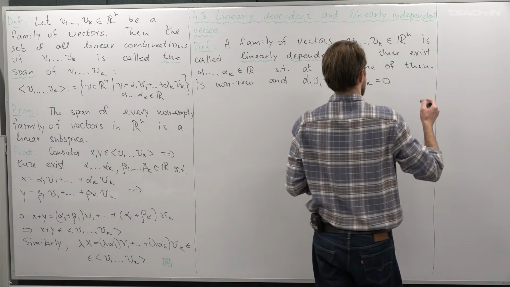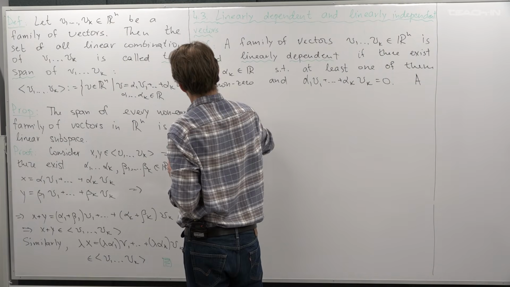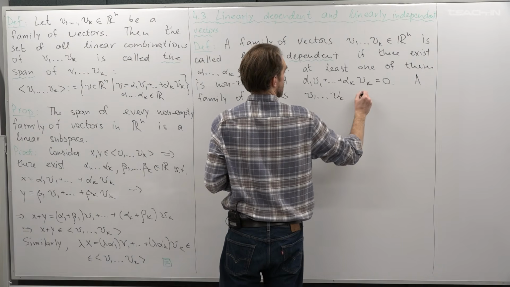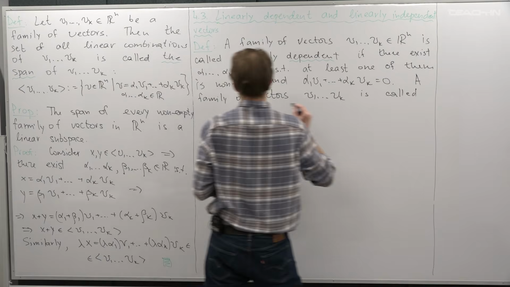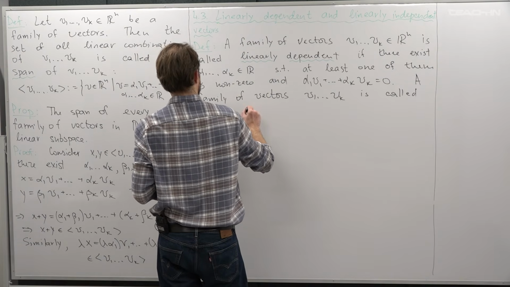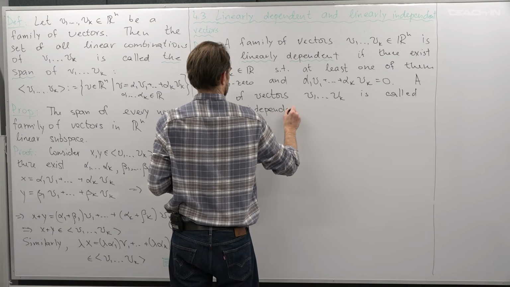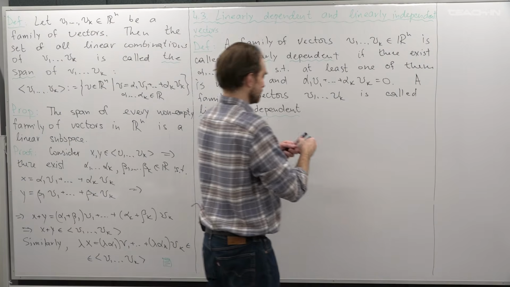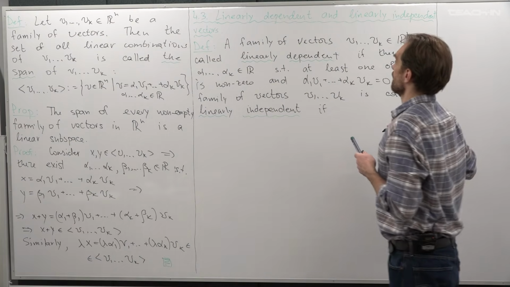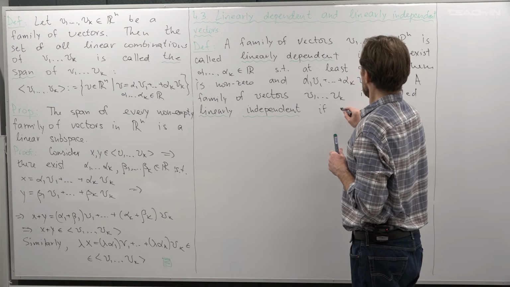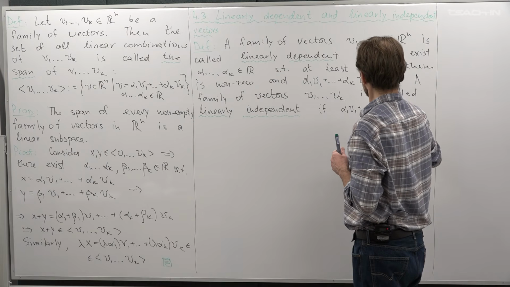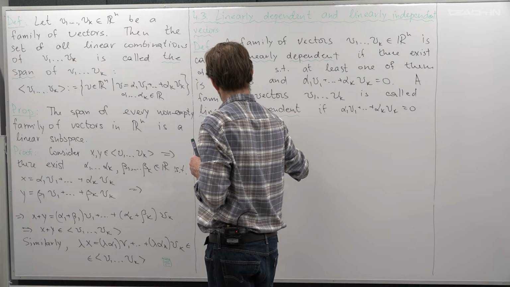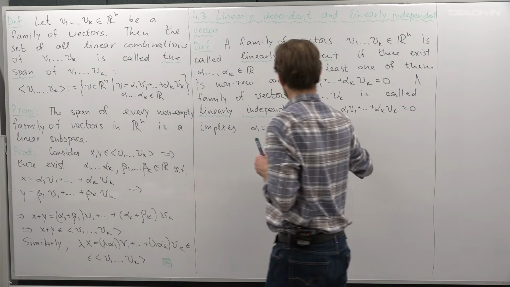So in the same way, a family of vectors v1, etc., vk is called linearly independent if the relation alpha 1 v1 plus etc. plus alpha k vk equals 0 implies alpha 1 equals alpha 2, etc. equals alpha k equals 0.